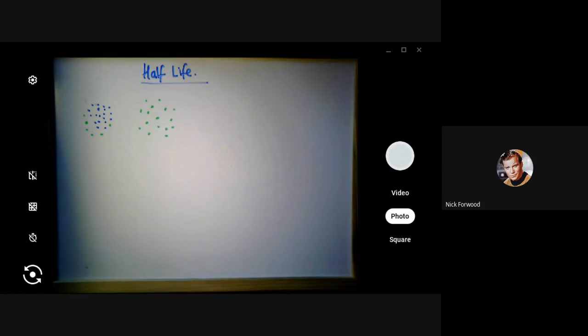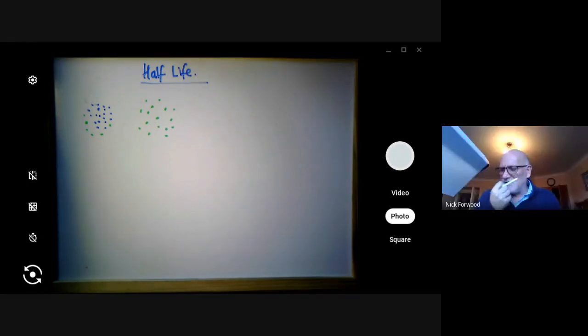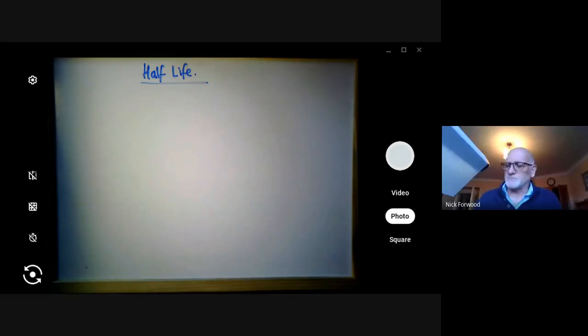Okay, so this is what we need to do. We need to write down some information. That's just a little tiny brief introduction to what we're going to look at. We're going to write down some information, and I want you to copy this into your red jotter.